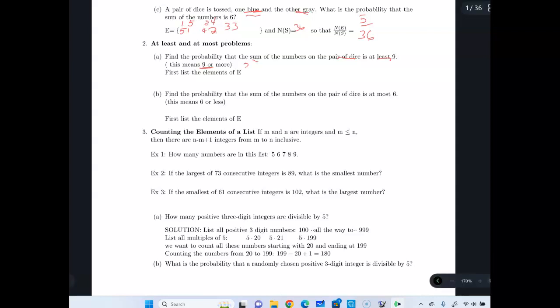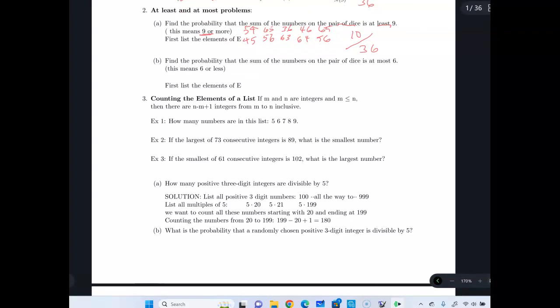I would have 5 and 4, 4 and 5, 6 and 5, 5 and 6, 3 and 6, 6 and 3, 4 and 6, 6 and 4, and 6 and 6. So there are 10 total ways to get a sum of at least 9 out of the 36 ways a pair of dice can show.